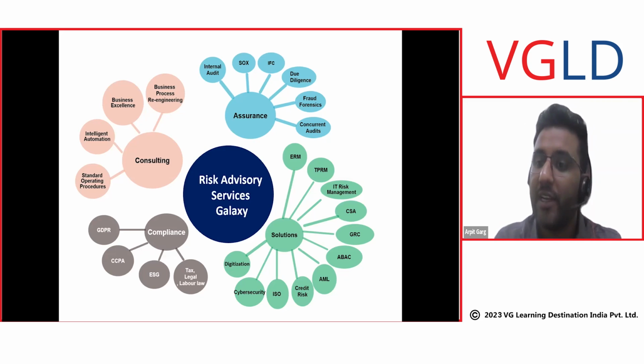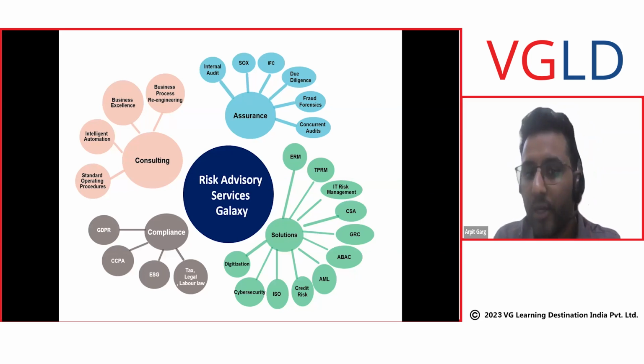Even for IT risk, you will understand what is cybersecurity, what are the different IT security controls. You will understand the best frameworks for cybersecurity, for data privacy, for enterprise risk management, for IT governance, right? So you understand how to do audits. That is how your scope in terms of the different service lines can significantly increase.